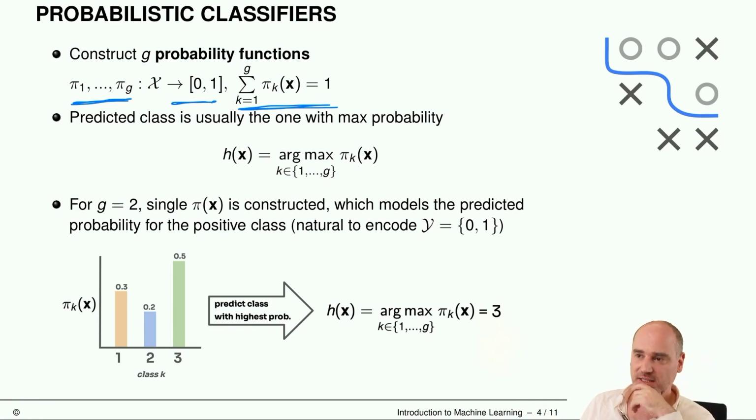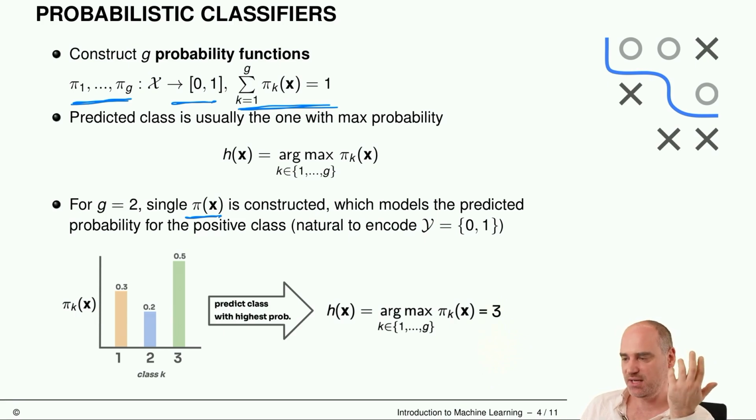Again, for scores the predicted class is the one with the maximal score. Here it's the one with the maximal probability. So this is how we would turn a probabilistic prediction into a hard label. Again, for the binary case, it is usually enough to work with one function here and not pi1 and pi2. That single function, pi of x, is supposed to model the predicted probability for the positive class.